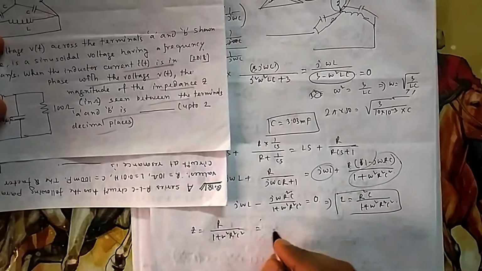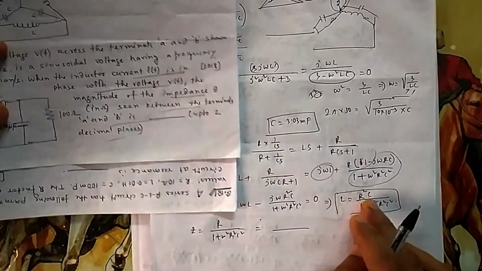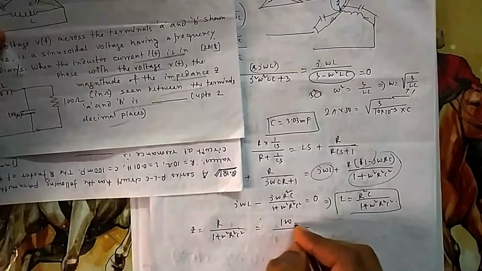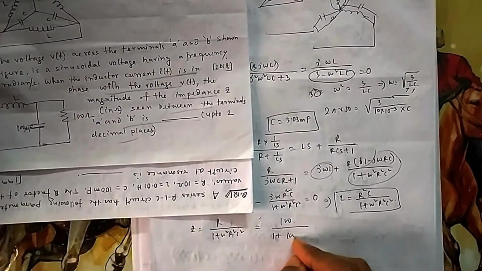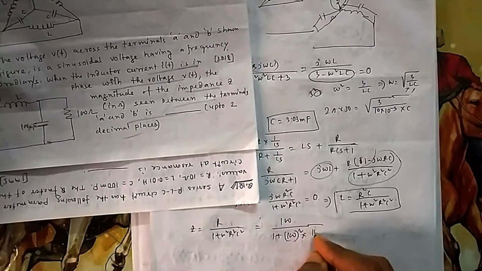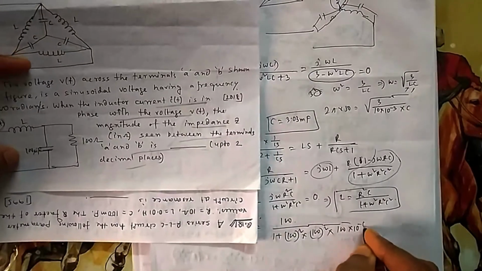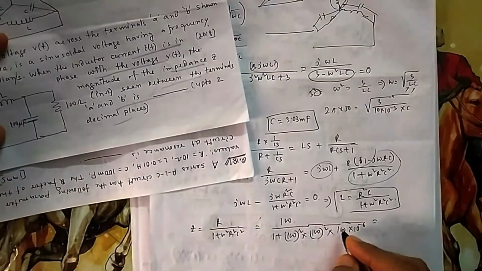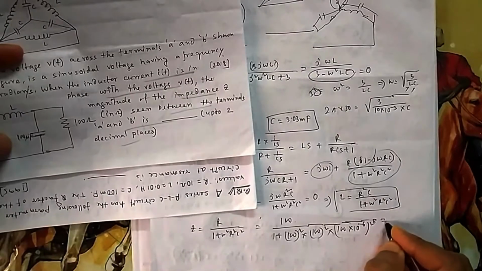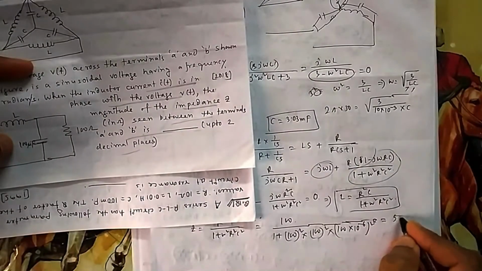So you put everything here, because that is not required. That is already 0. So R is equal to 100. Omega is 100 radian, R is again 100, square, and C is equal to 100 microfarad, and that also square, C square. If you put this, you will find Z is equal to 50 ohm.